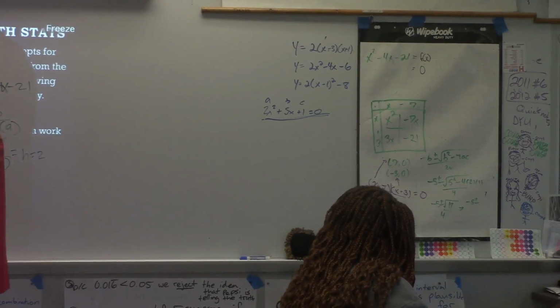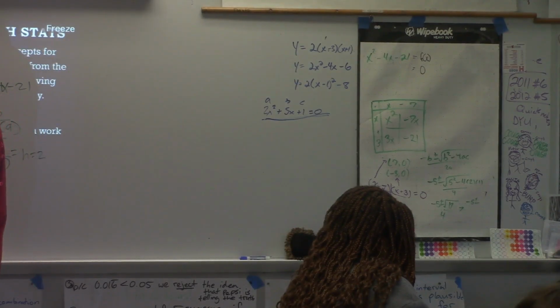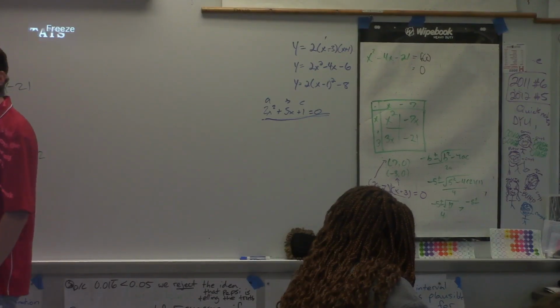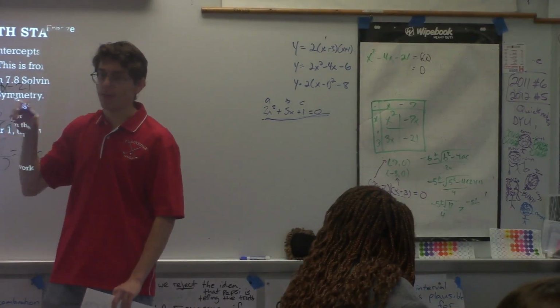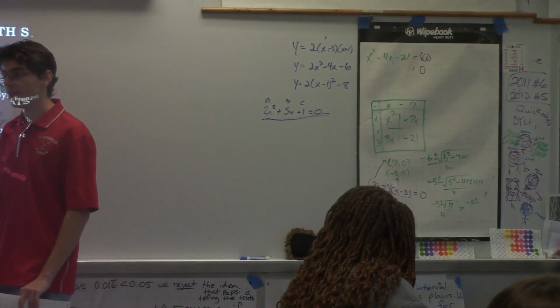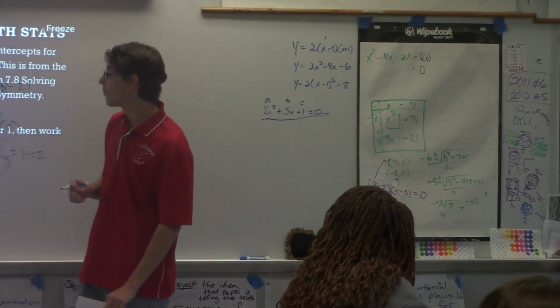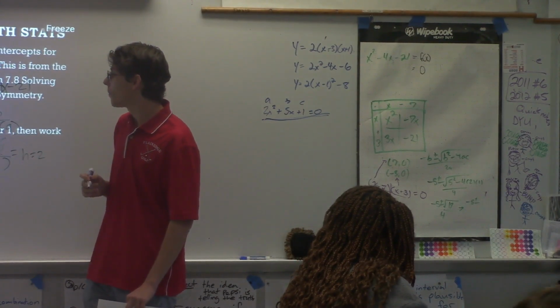And then what do I put next to the h squared? I think you have it. Well, this is just the symmetry model, so we're not using the quadratic formula here. Remember, we're using that other method. Very similar to the quadratic formula, but a little different. Would you like me to turn the screen on so that it's just easier to see? Sure. I mean, we don't have to.